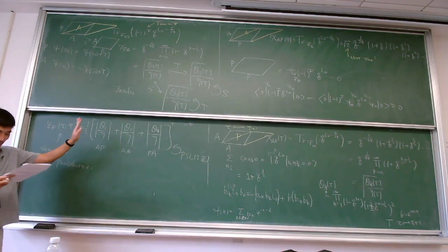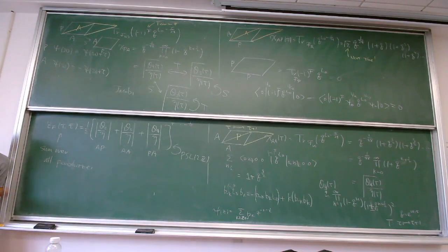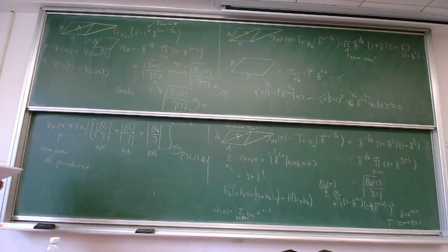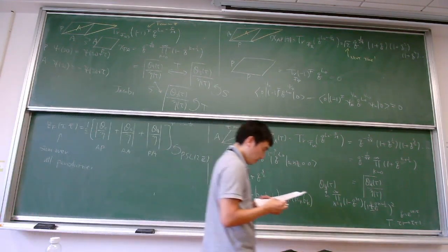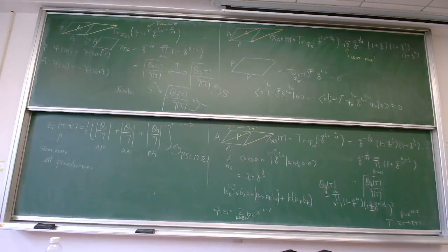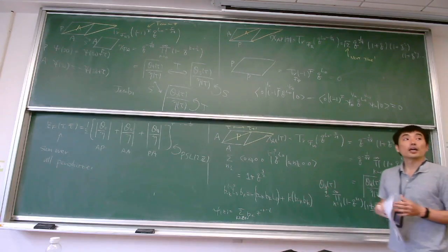If you have 10-dimensional space, if it is string theory, you have a power to the fourth, and then it becomes 0. But this is okay. Any questions?